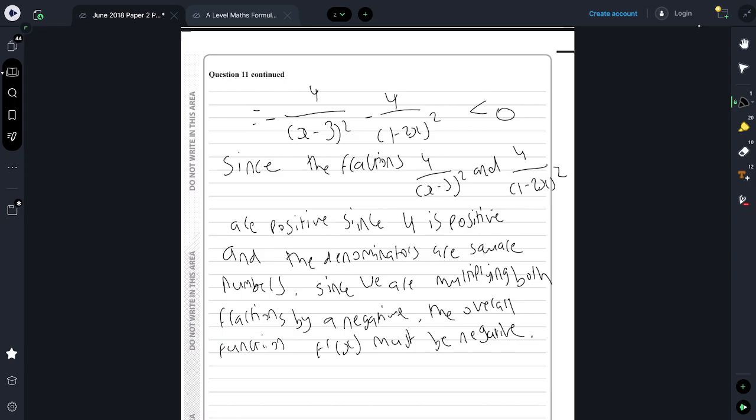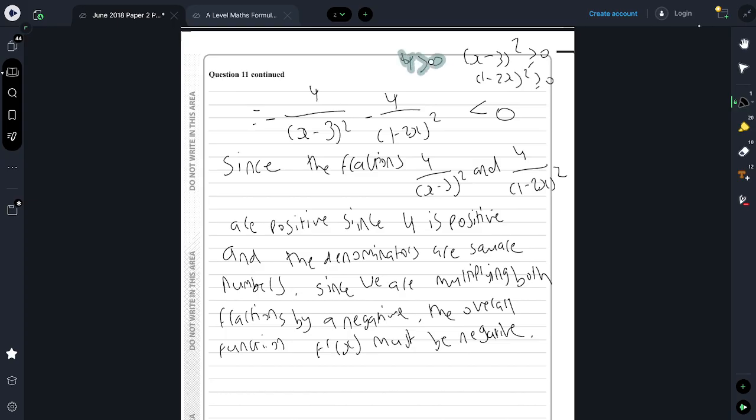You could alternatively state, I guess, that 4 is greater than 0, x minus 3 squared is greater than 0, and 1 minus 2x squared is greater than 0, because they're square numbers. Therefore, the negative of this has to be less than 0.